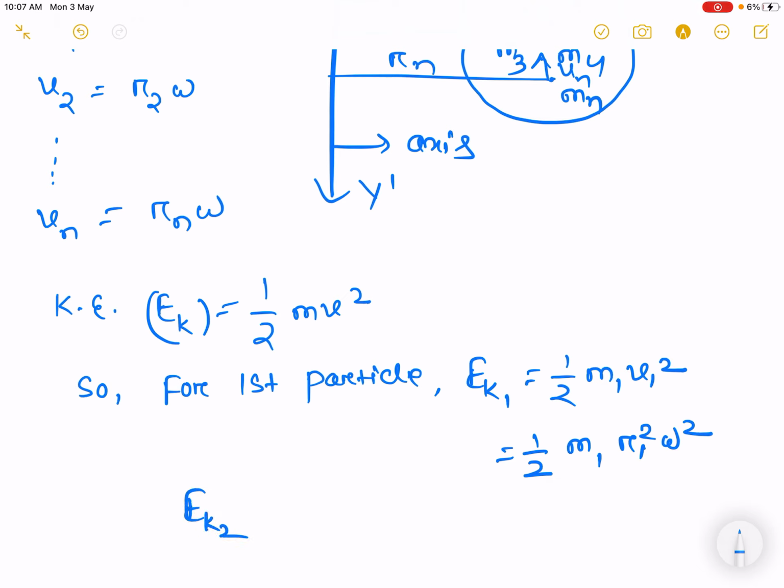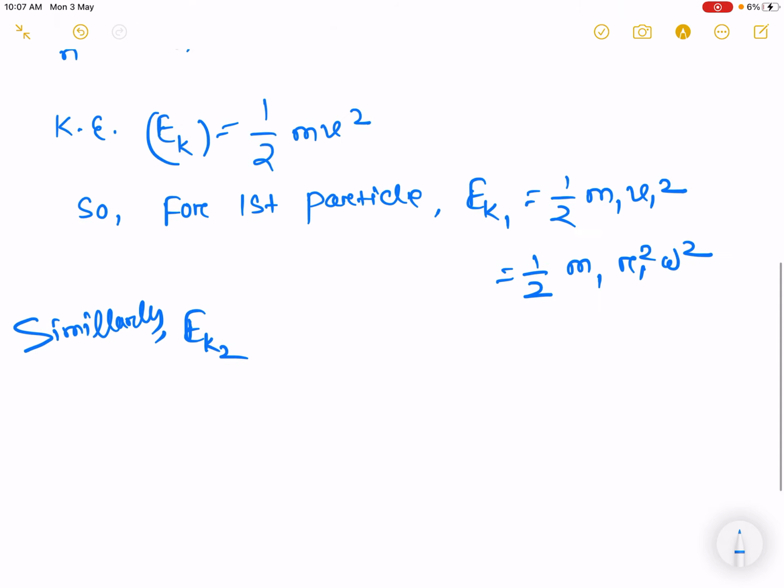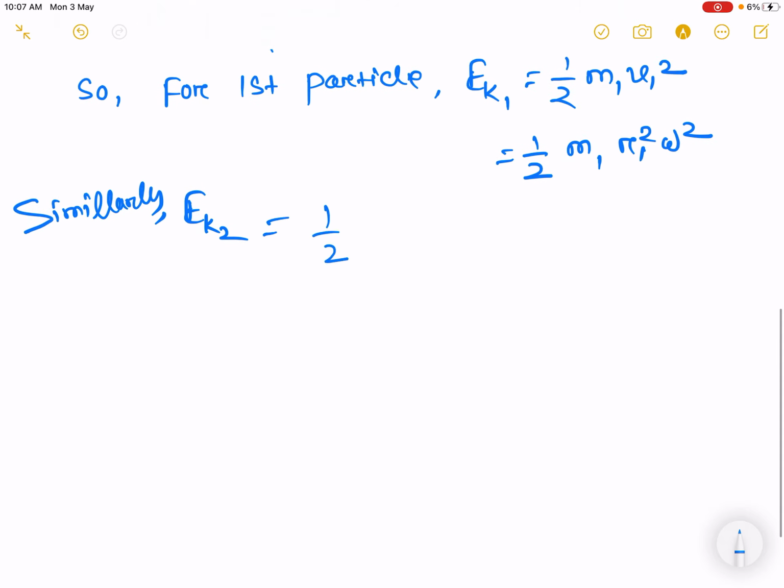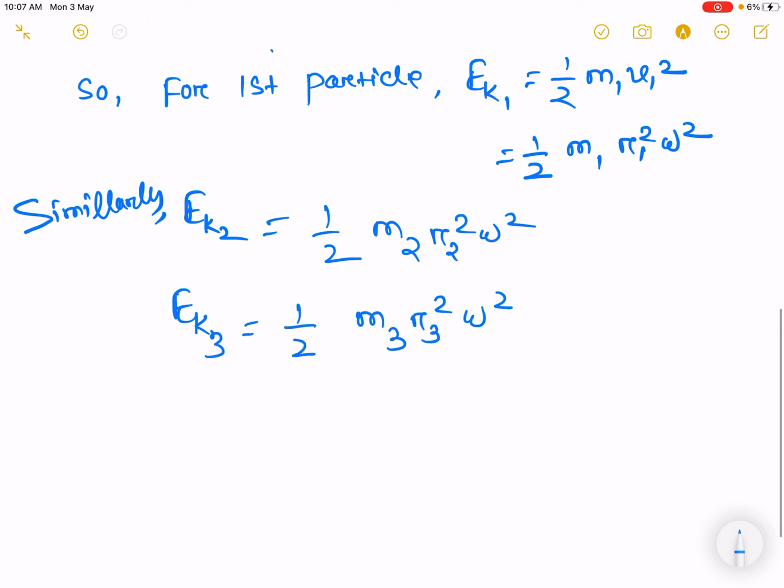Similarly Ek2 equals half m2 r2 square omega square. Ek3 equals half m3 r3 square omega square. Ekn equals half mn rn square omega square.